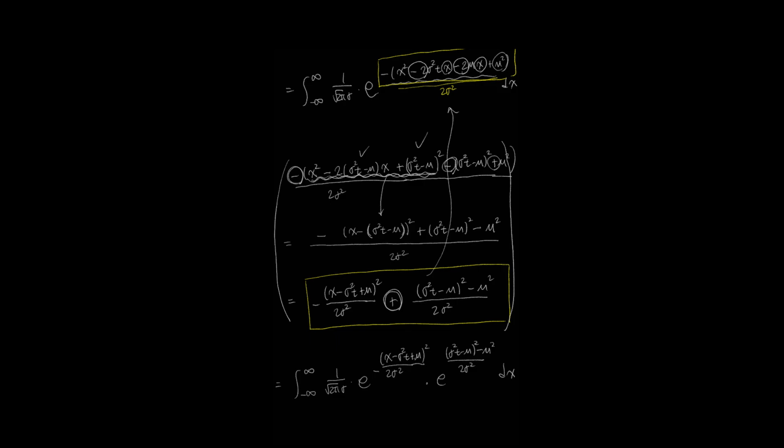And we know that this part has no x, which means it's going to be a constant in this form, so we can take it out. So let's take it out.